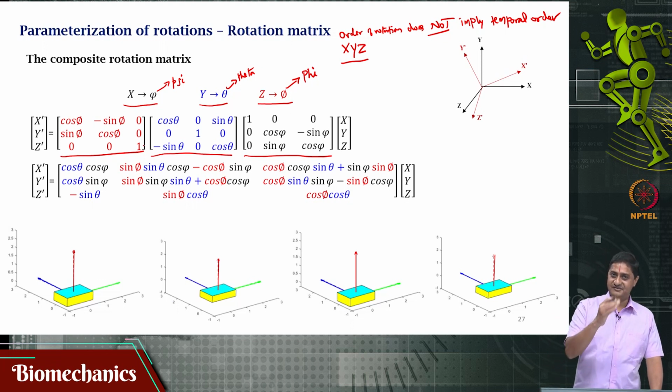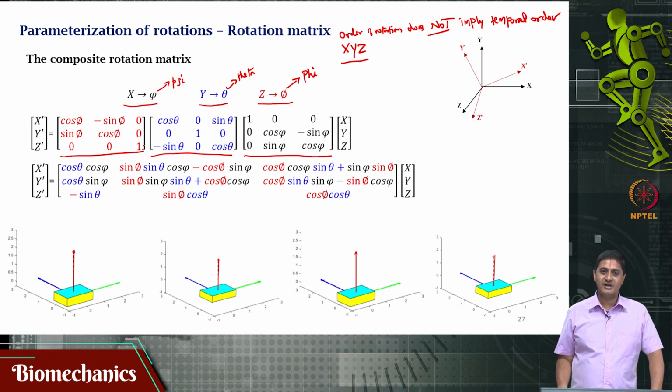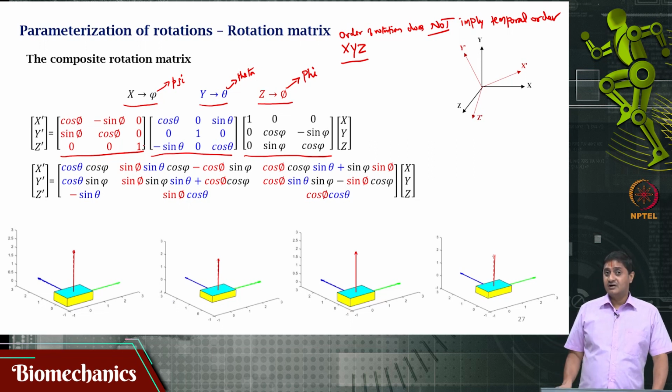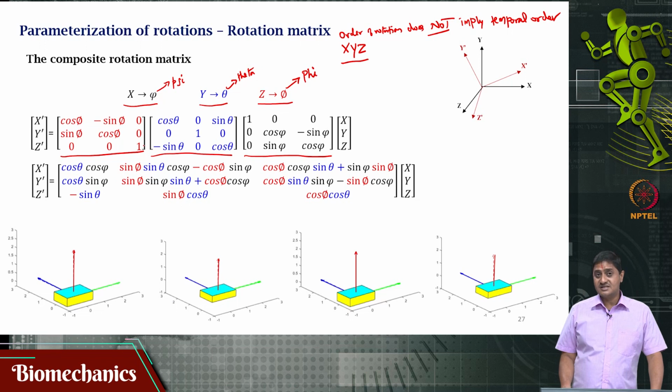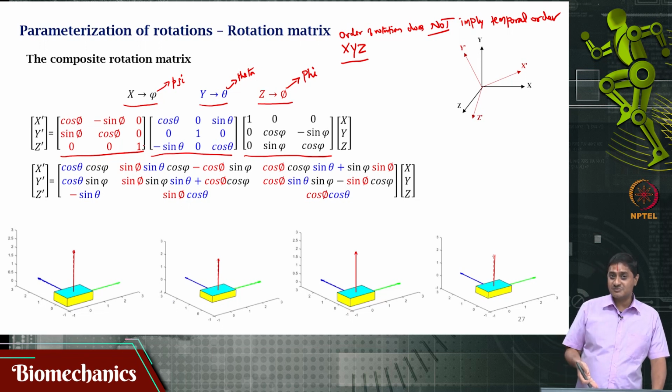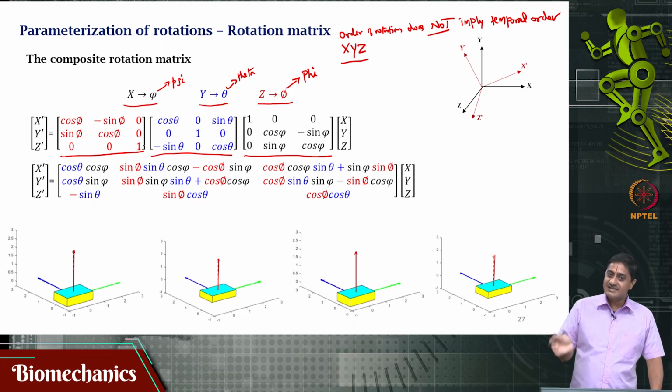From right to the left. That is how it happens. Remember, from childhood, from high school, this is how we perform matrix multiplication. So, if the order of rotation is x, y, z, then the z rotation matrix will come first, followed by the y rotation matrix, followed by the x rotation matrix. This will imply the actual considered order of rotation is x, y, z.